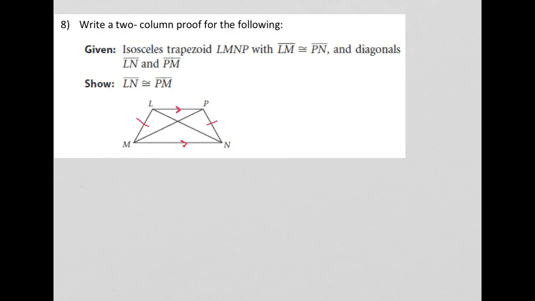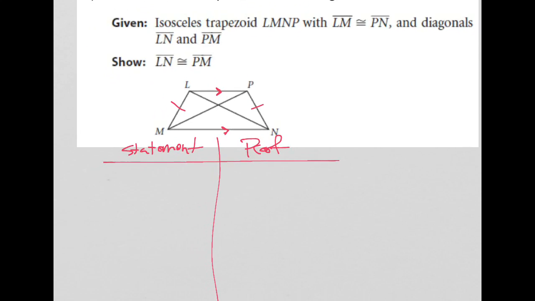We will say our statement, and then we'll say our proof afterwards. So our first statement is going to be that LMNP is a trapezoid, and that is given.